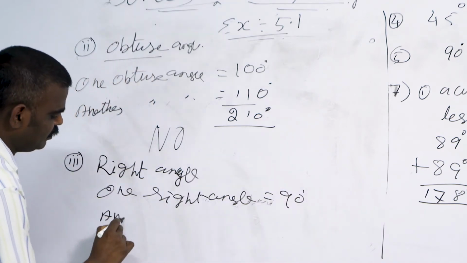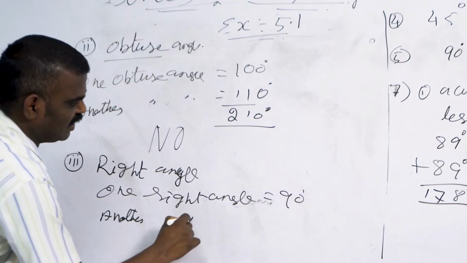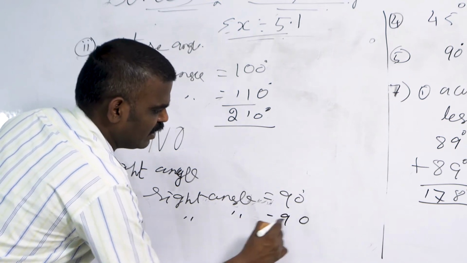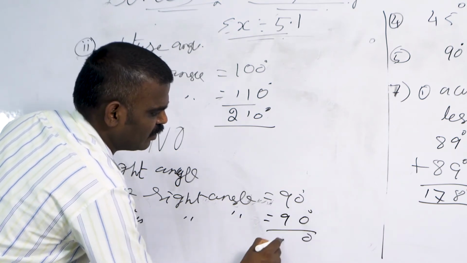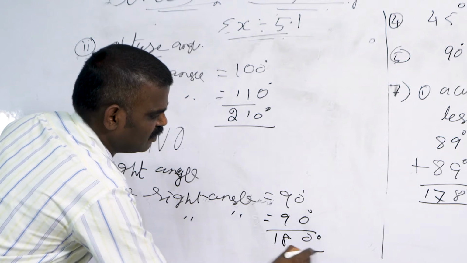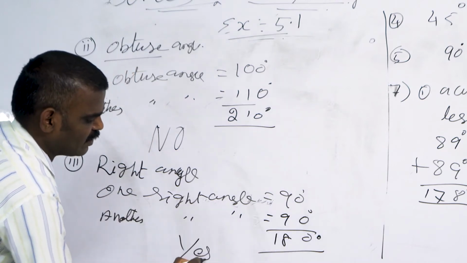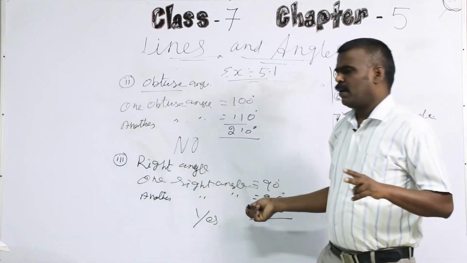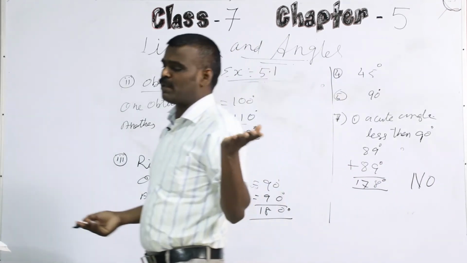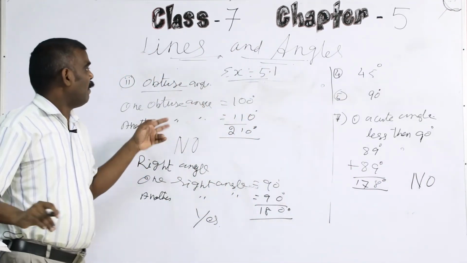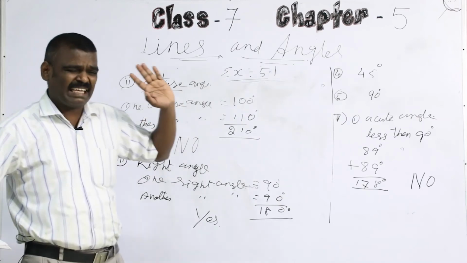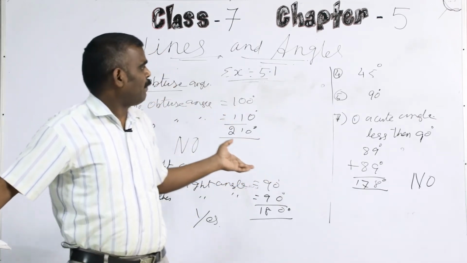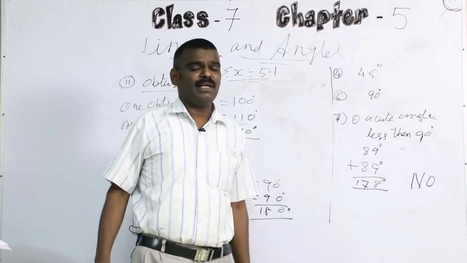Another right angle, how many degrees? Also 90 degrees. If you add them together, your answer should be yes. So a pair of right angles can be supplementary, 100% sure. But a pair of obtuse angles cannot be, and a pair of acute angles also cannot be supplementary.